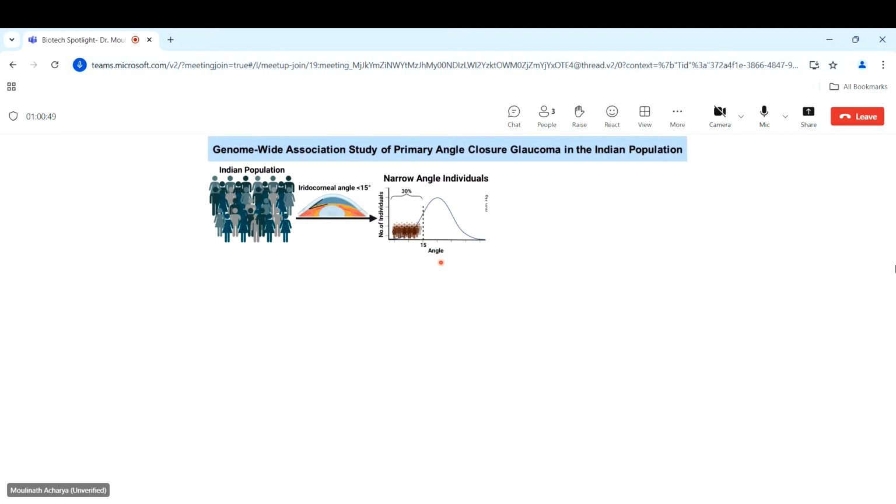But then there is one caveat. The caveat is, what if these narrow angle individuals will not progress to glaucoma? What is the guarantee in that? So nobody can say that.